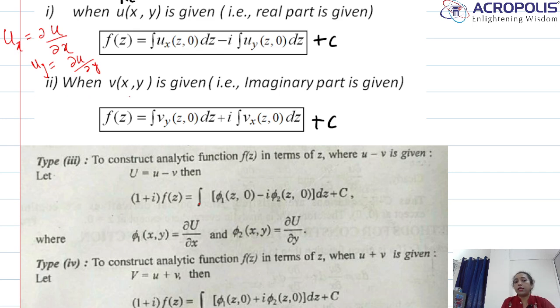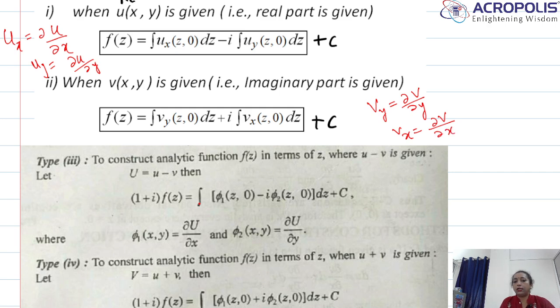The second formula is when the imaginary part v of xy is given, then f of z is equal to integration of vy(z, 0) dz plus i integration of vx(z, 0) dz. Vy means del v by del y and vx means del v by del x here.